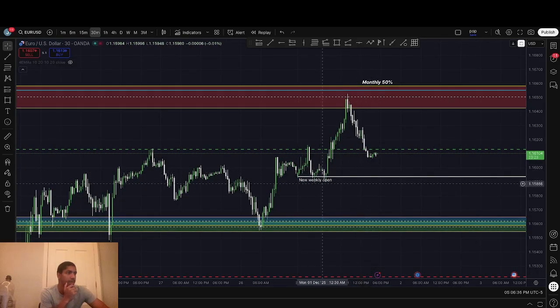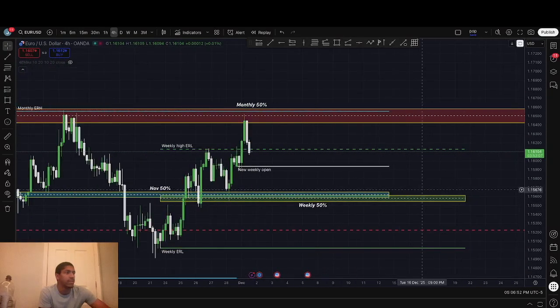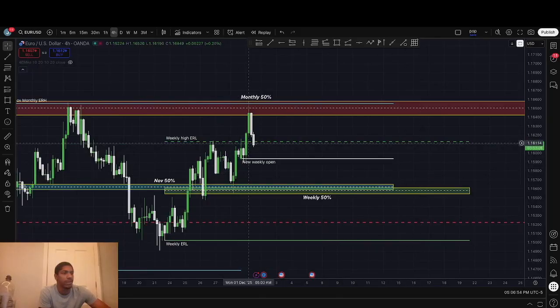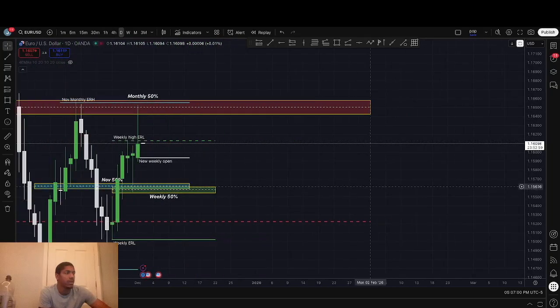We can sweep these lows here, sweeping the weekly open, which was sweep Monday's low, because Monday started here. Sweep Monday's low, manipulate Monday's low, and then push higher.